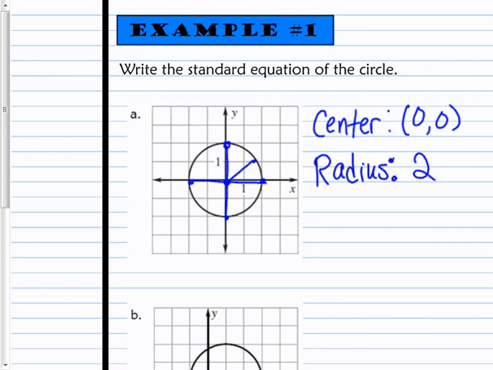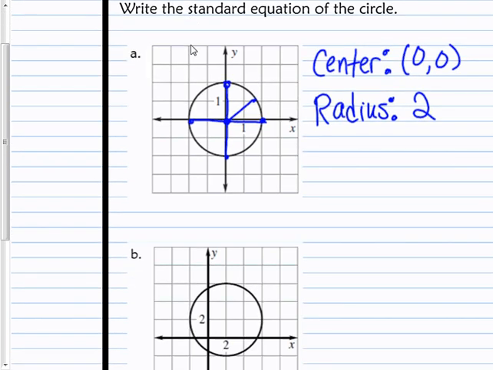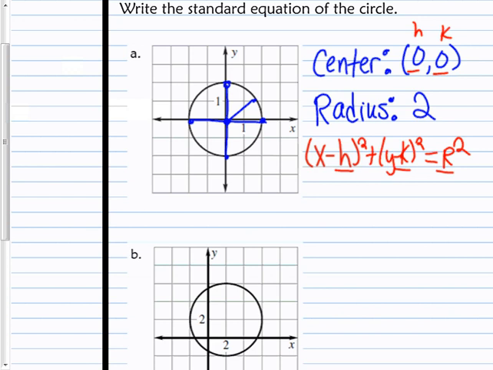The radius is equal to 2. Now that I have the center of the circle and the radius, I can write the equation of the circle. The equation of a circle is x minus h squared plus y minus k squared equals r squared, where r is the radius. We replace the h, the k, and the r with our values.